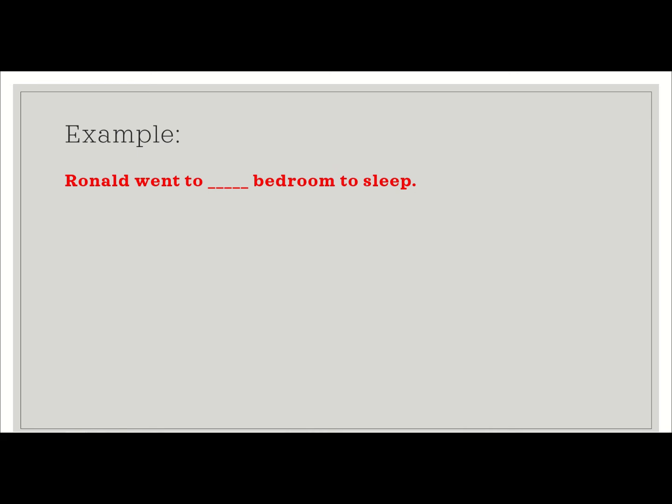In this sentence, we are not sure which bedroom the writer refers to, right? It can be the bedroom in Ronald's house, in a hotel, or of his relatives. And it's possible that in a building there are several bedrooms, so we do not know which bedroom Ronald went to.